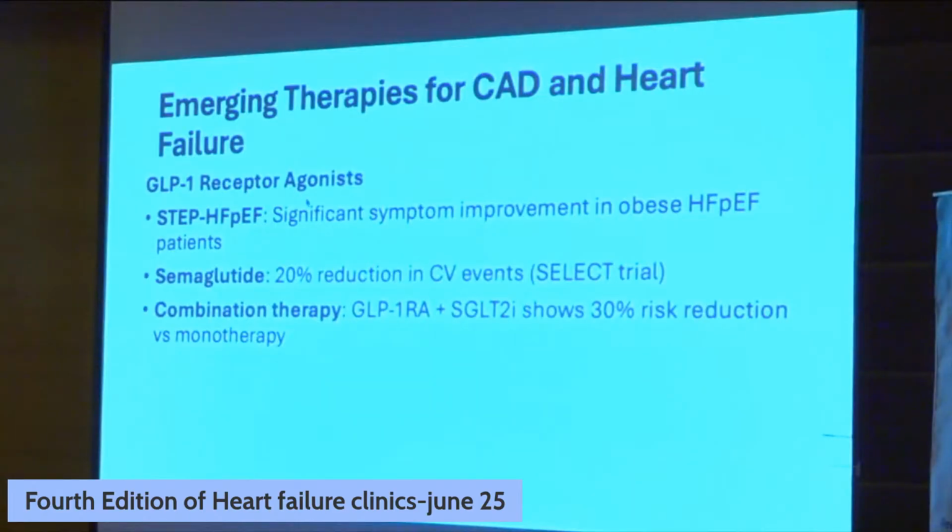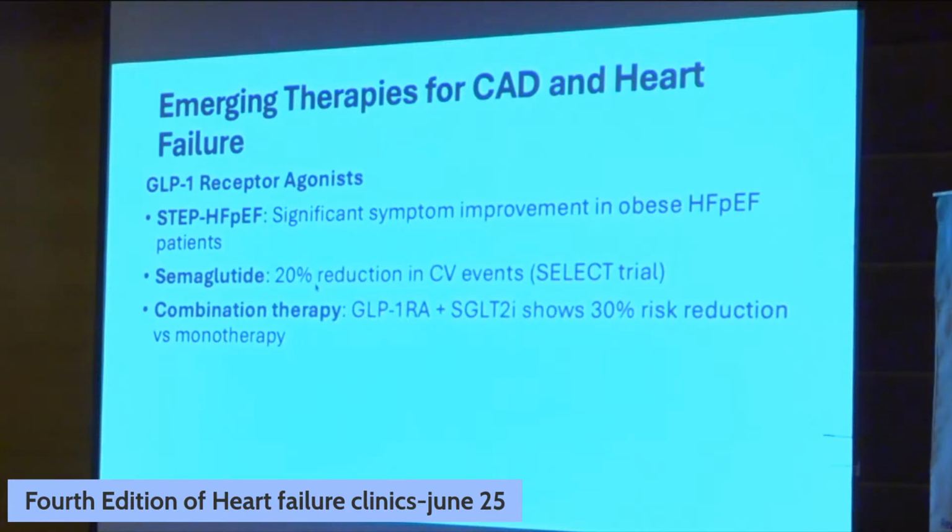Those are semaglutide and the GLP-1 and GIP agonist, that is Mounjaro, tirzepatide. So tirzepatide and semaglutide, these two GLP-1 receptor agonists I use in my daily practice, and especially with preserved ejection fraction, they have reduced CV events by 20%.